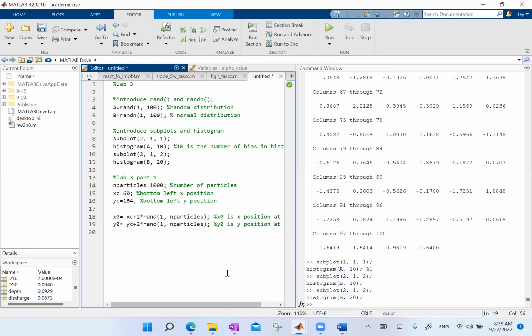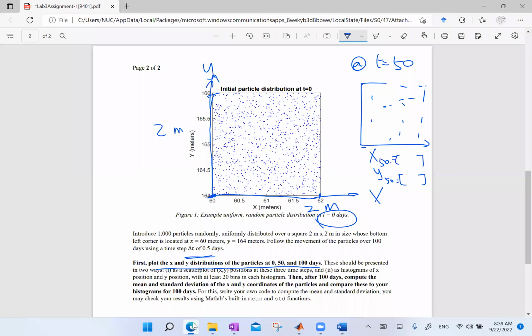So that will give us a random distribution of particles along the X direction 2 units from 60, and along the Y direction 2 units from 164. So that will give us basically the XY coordinates of those particles in the grid.